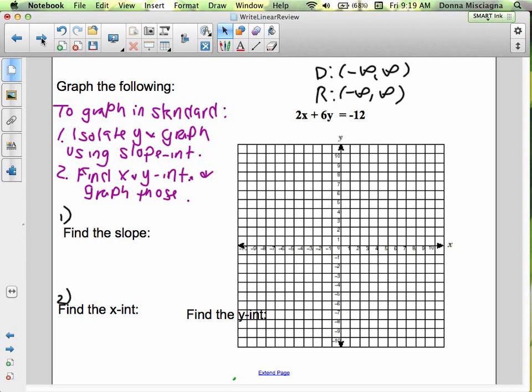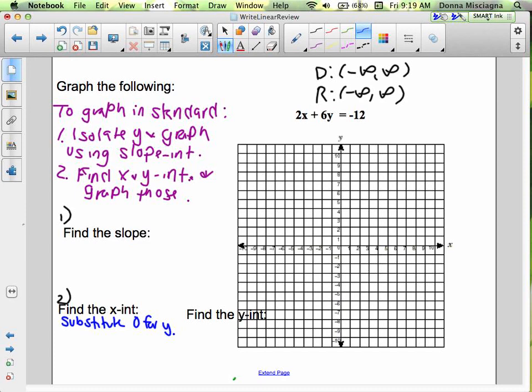All right, so here we have 2x plus 6y equals negative 12. To find the x-intercept, you're going to substitute 0 for y. So we have 2x plus 6 times 0 equals negative 12.